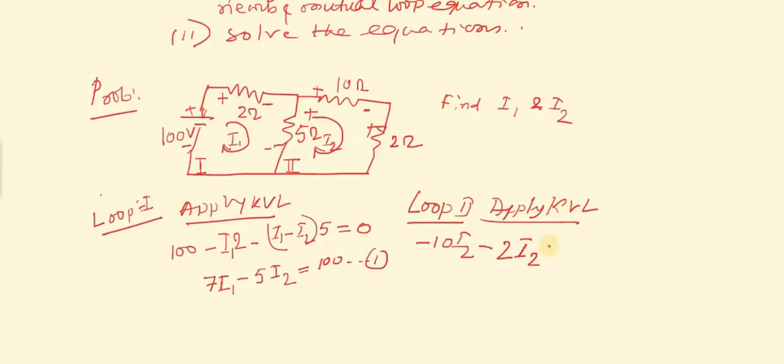Then this is minus and this will be plus, and it is I2 into that resistance.